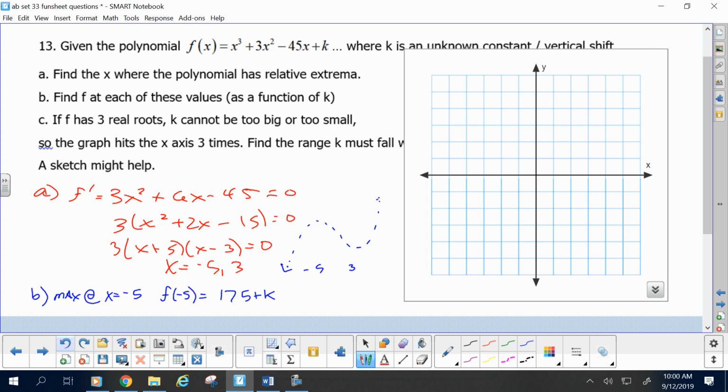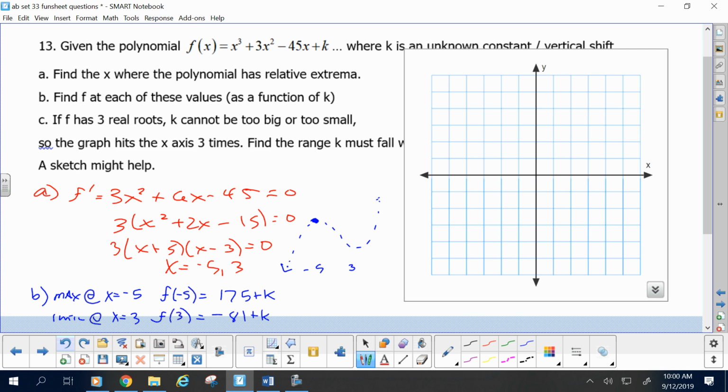Okay, cool. The min at x equals 3 is what? 54 minus 135, 81, negative 81 plus k? So, this is where a picture helps.